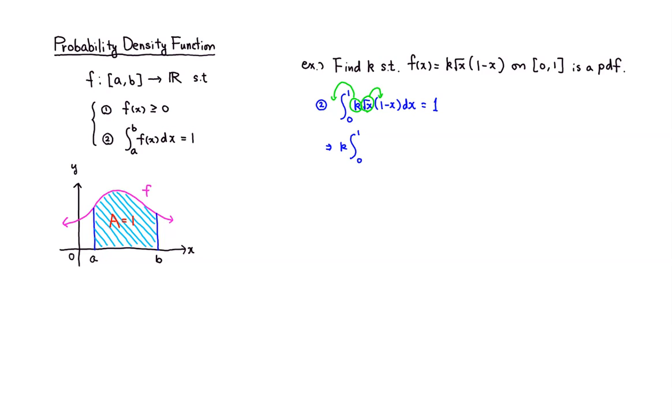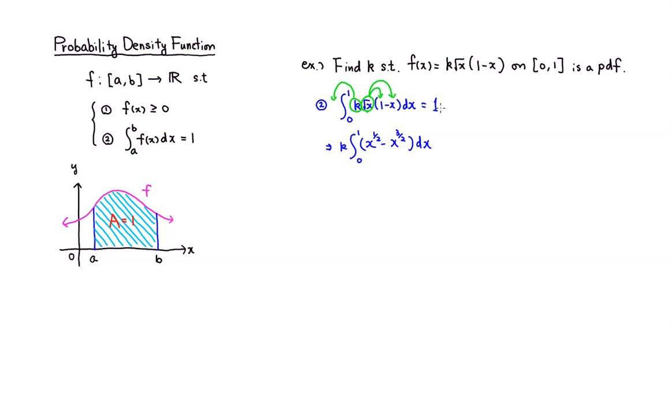Square root of x, I'm going to write as x to the 1/2 power, and then I distribute square root of x to negative x, so that's going to be negative x to the 3/2, with respect to x. So let's compute that.